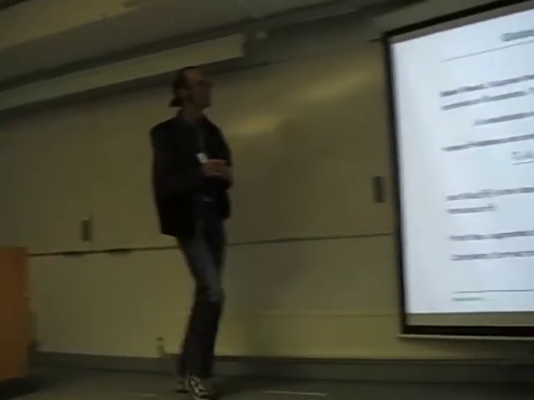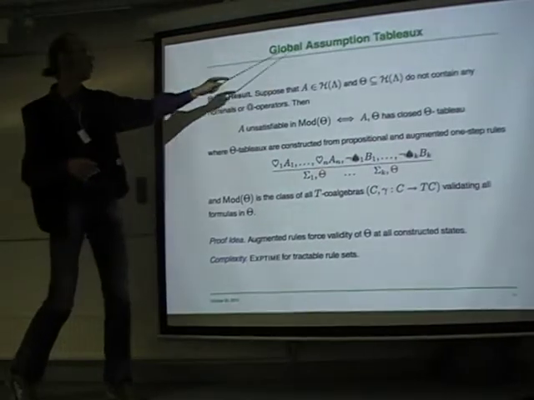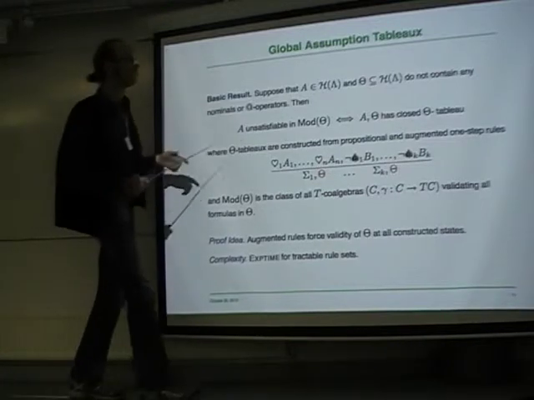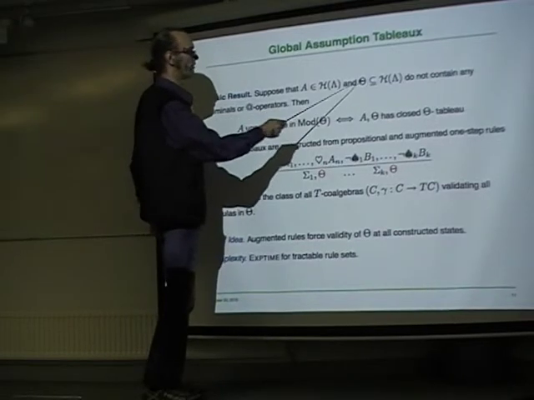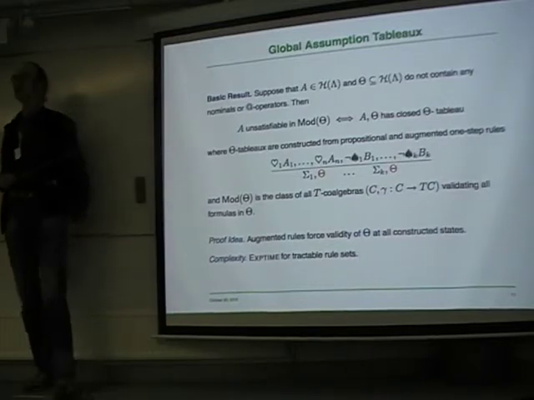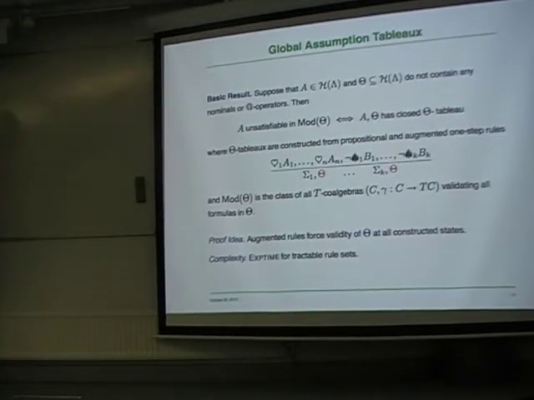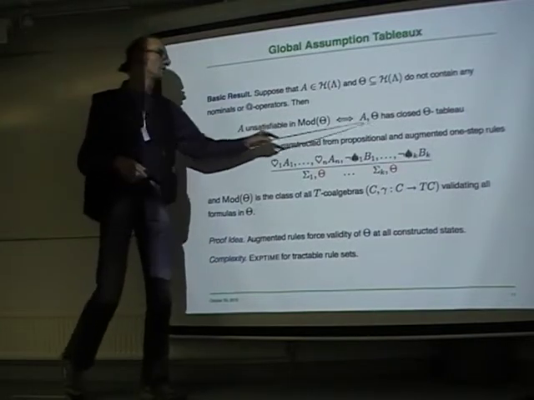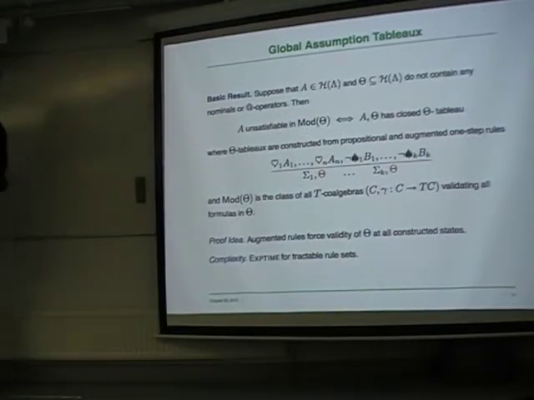So let's add some global assumptions or background knowledge, but still not quite individual variables. So then we have a finite set of formulas that we want to be universally validated in the model. We're interested in the same correspondence, but we have to adapt the calculus in a hopefully intuitive way.